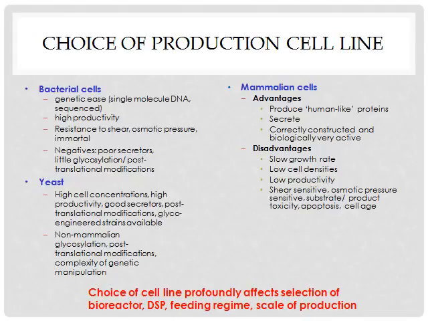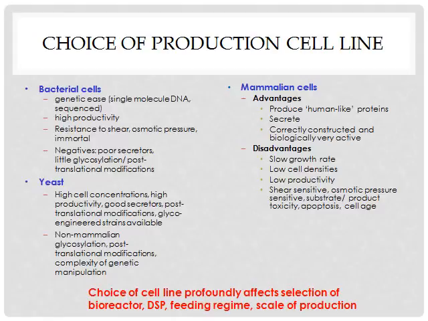They exhibit some post-translational modifications, and glyco-engineered strains are available. The disadvantage is that the glycosylation is non-mammalian, as are the post-translational modifications. And there's also an added complexity of genetic manipulation.